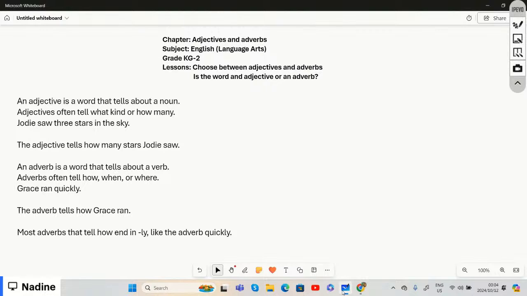All right, so now our chapter is adjectives and adverbs. Our subject is English language arts. We're doing grade kindergarten to 2.